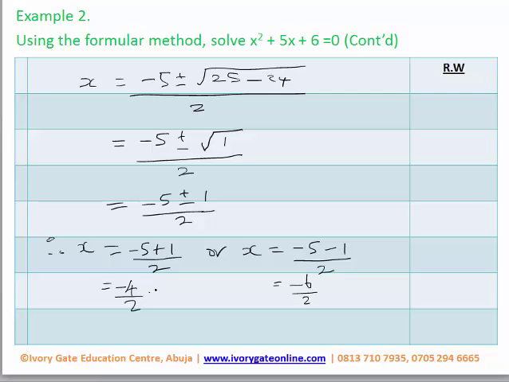Simplifying this further, this one gives minus 4 over 2, which cancels to give 2, so minus 2. Then minus 6 over 2 gives 3, so minus 3. Therefore the roots of the quadratic equation are x equal to minus 2 or minus 3.